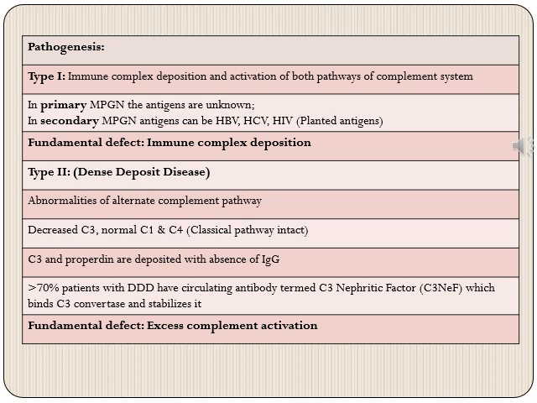So the fundamental defect in dense deposit disease is excess complement activation, and that too of the alternate complement pathway, because of the presence of this circulating antibody called C3 nephritic factor, which binds to C3 convertase and stabilizes it, activating the complement cascade.